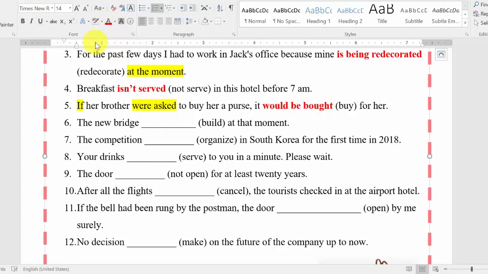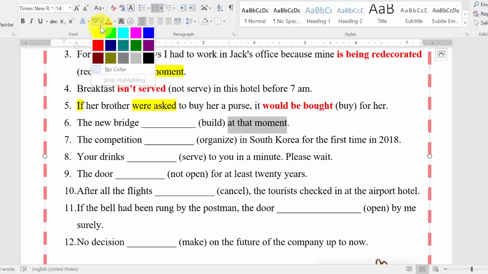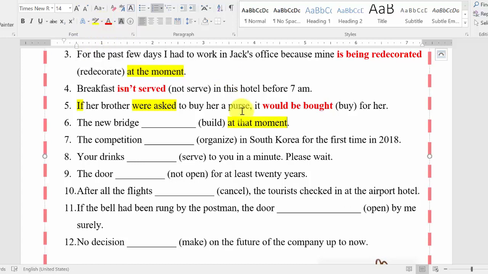Okay, next one, number 6. The new bridge, what at that moment? This question is very straightforward. At that moment, at that very specific time in the past, it should be past continuous tense. The bridge must be built by somebody, so it should be passive voice, past continuous tense: was/were being plus PP, not verb-ing.